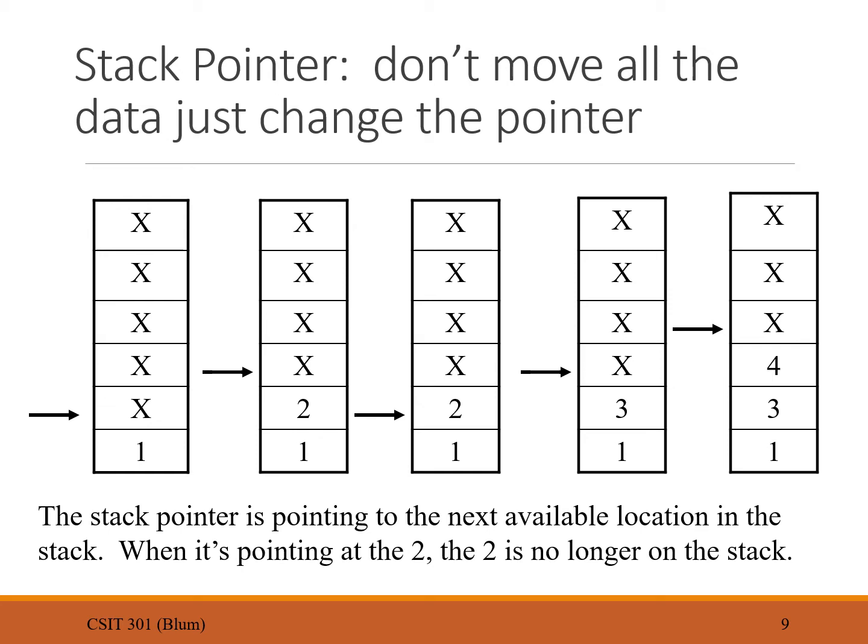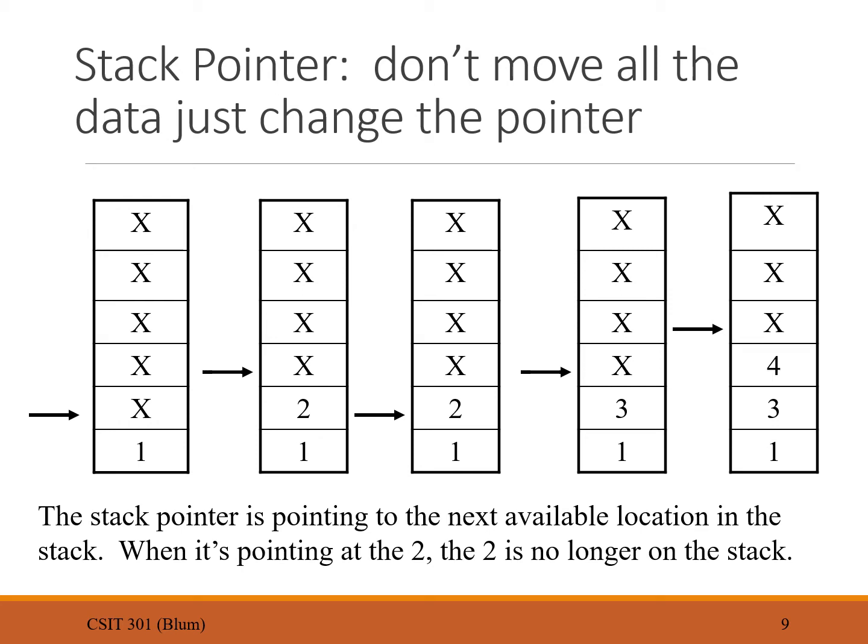And then when the 2 was pushed, it was written in that register that was being pointed to, and the stack pointer moves on to the next higher register. Then when we pop, when we read the 2 and use it, now the stack pointer is pointing to the 2, or we might think of it as where the 2 used to be.